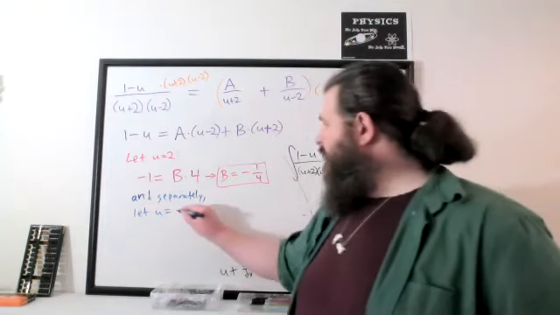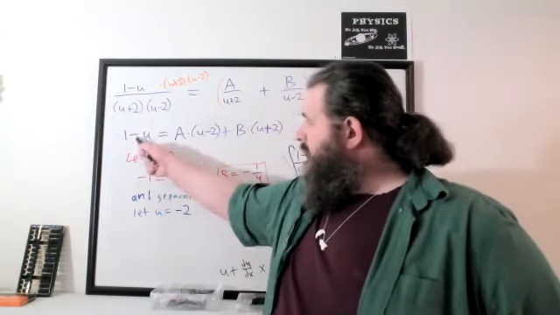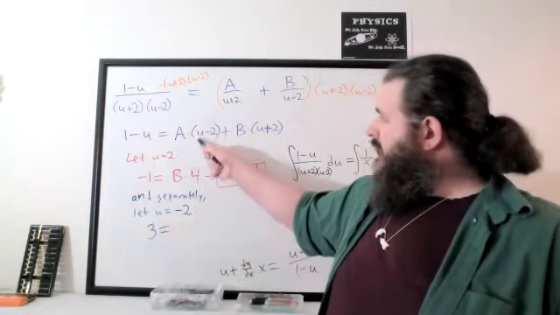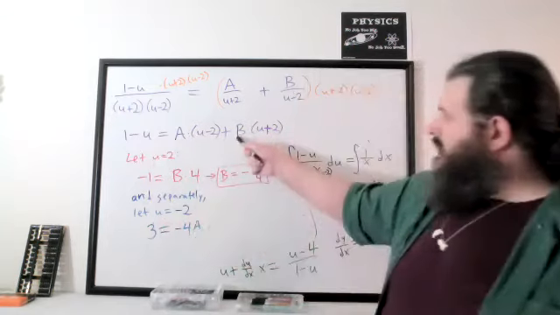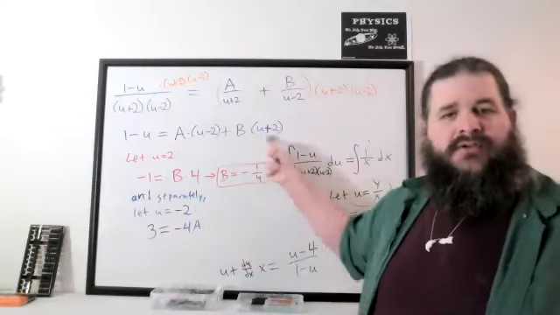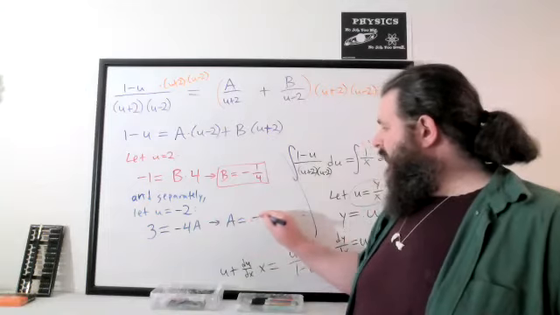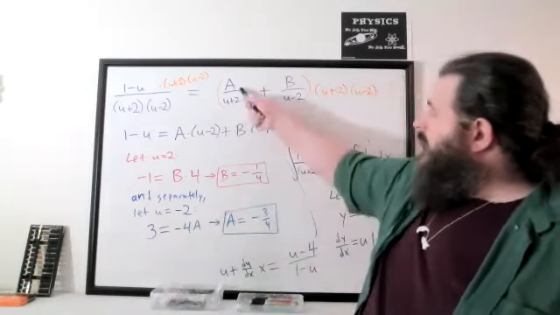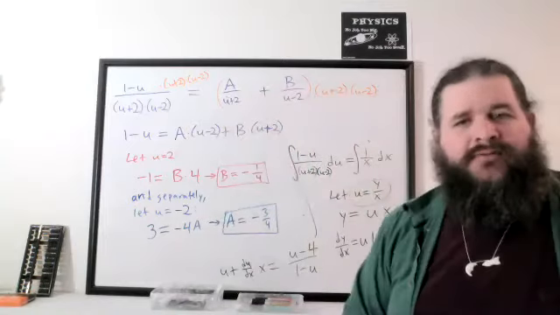Yeah, we could plug in -2. Plug in -2 for u, 1 minus -2 would be 3. A times -2 minus 2 would be -4A. And then B times -2 plus 2 would be 0. So that term drops out. And we can immediately solve for A. So we now have values of A and B. We know A has to be -3/4, B has to be -1/4.